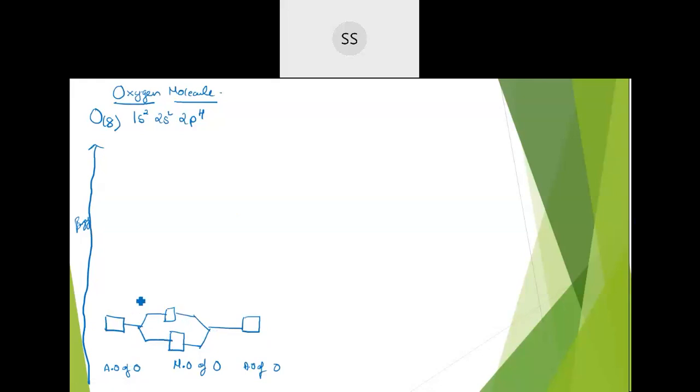Then draw the next one, 2s, giving one bonding and one anti-bonding. Then go for the p, where again we have 3 divisions on this side and 3 divisions on the other side.